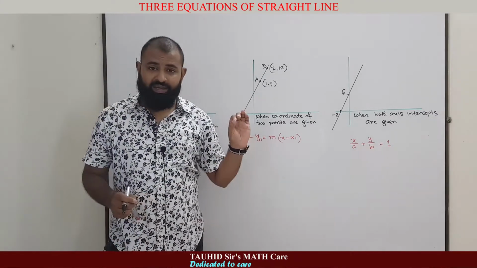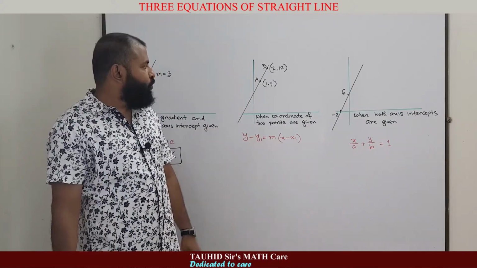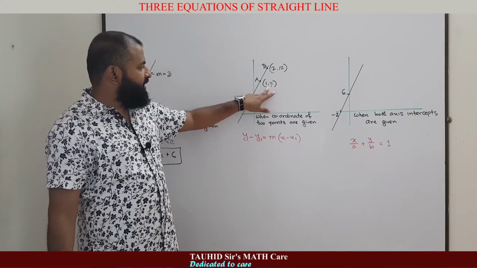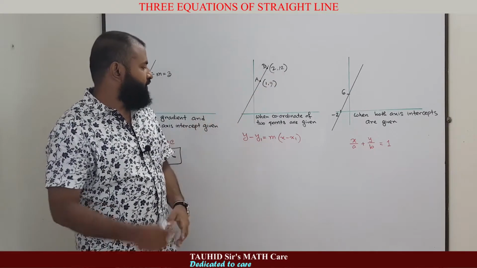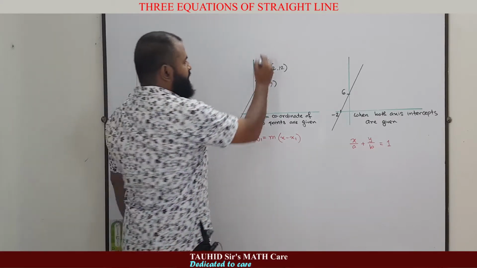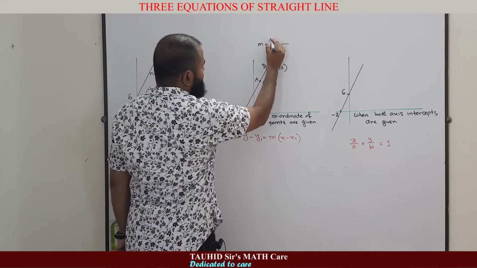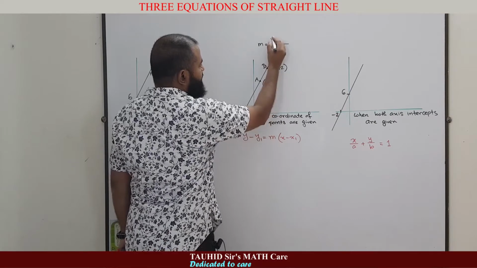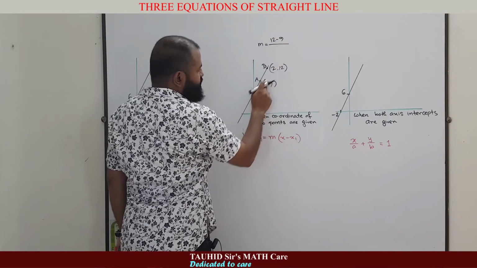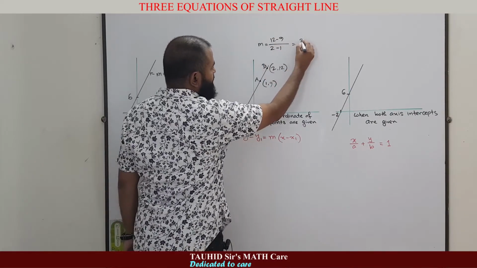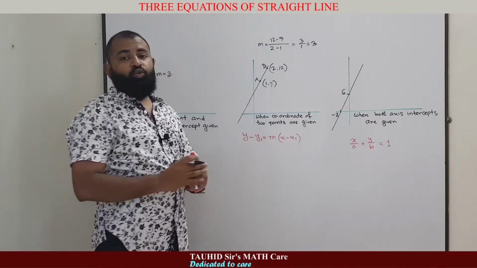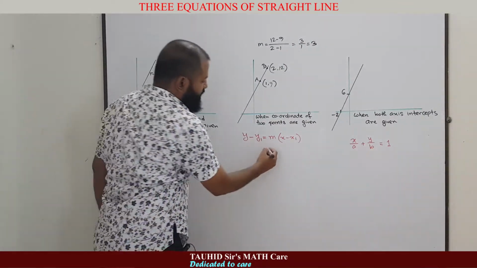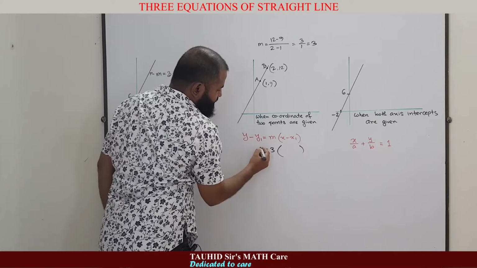Here for the same straight line, we are given that 2 points on this straight line are 1, 9 and 2, 12. So at first we will find the gradient m, y2 minus y1 divided by x2 minus x1. We found the gradient to be 3. So we put the value here.